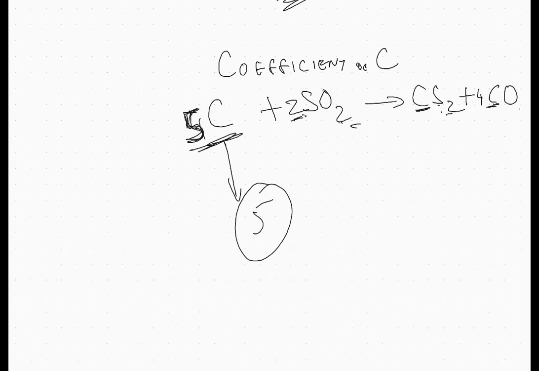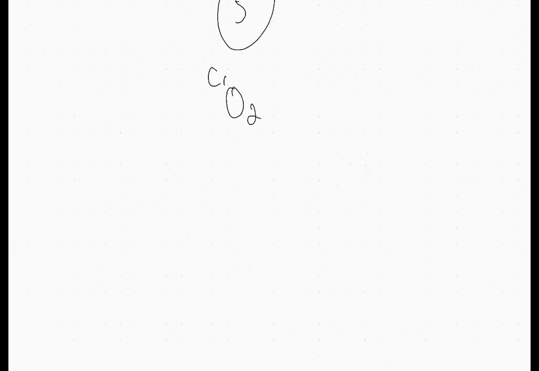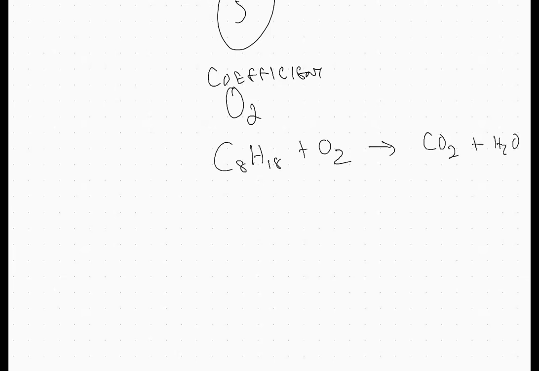Coefficient of oxygen when the reaction is balanced. So we have the C8H18 combustion reaction, given with CO2 plus H2O. I'll start by putting 8 for carbon to match it. 18 hydrogen here, I'll put 9 here to match it.